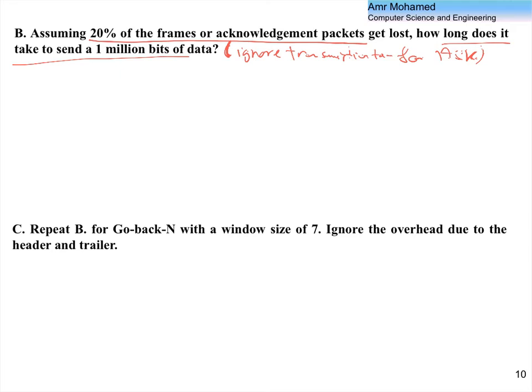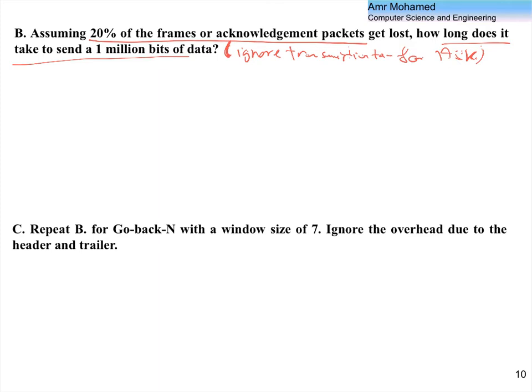So the original frame is 1,000 bits. What is the size of the acknowledgement? It's only a header, right? So this could be like 1 bit or 1 byte. Okay, so we can easily ignore the transmission time of that acknowledgement frame, because it does not contain any data. It's just like 1 byte.